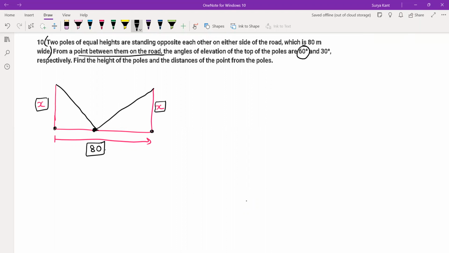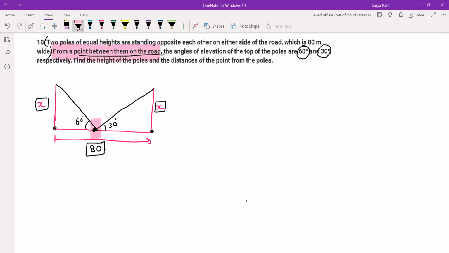One is 60 degrees and one is 30 degrees. So this is 30 degrees, or you can take 60 degrees, either of them you can take, not a problem. So between the road, if you are seeing the angle of elevation to both the poles, from a point between them on the road, this is a point.